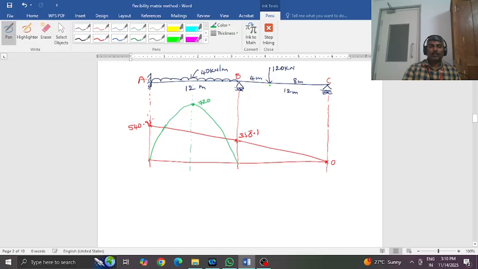In the same way, the maximum bending moment occurs under the point load. So it is Pab by L, which would work out to somewhere around 320 kilonewton meter. So just join by a straight line.